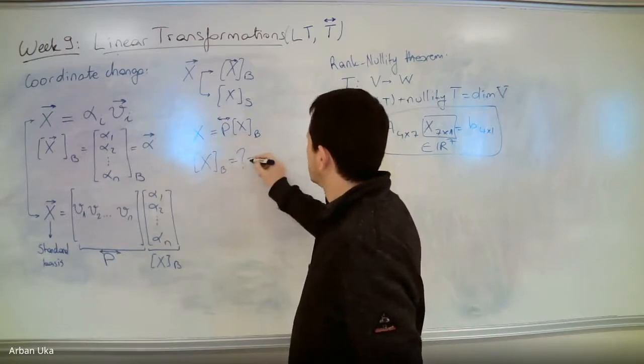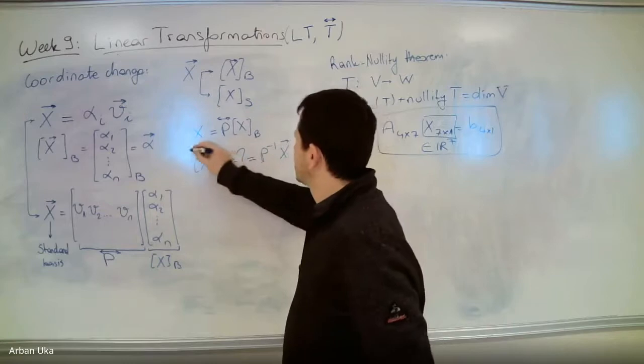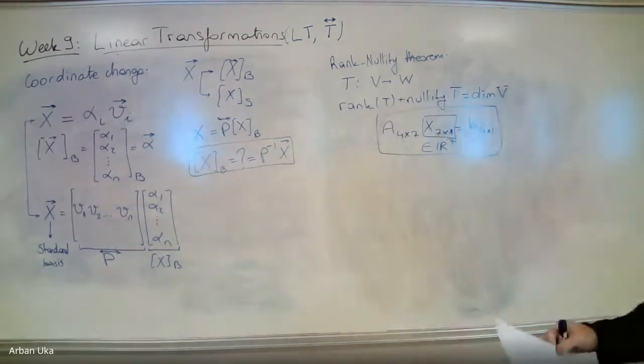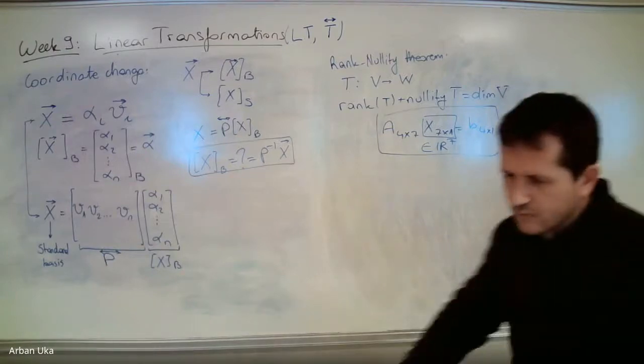This would be equal to P inverse times the vector x. Everything we'll try to make clear soon. Okay, let's solve an example.